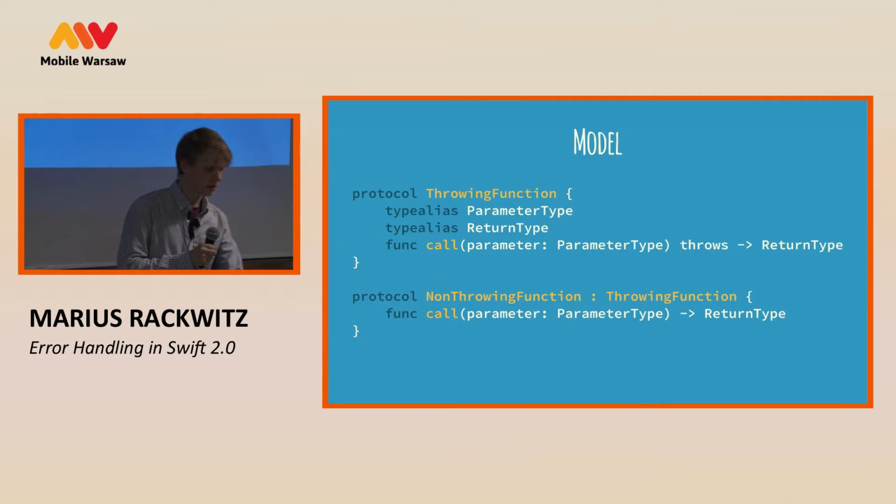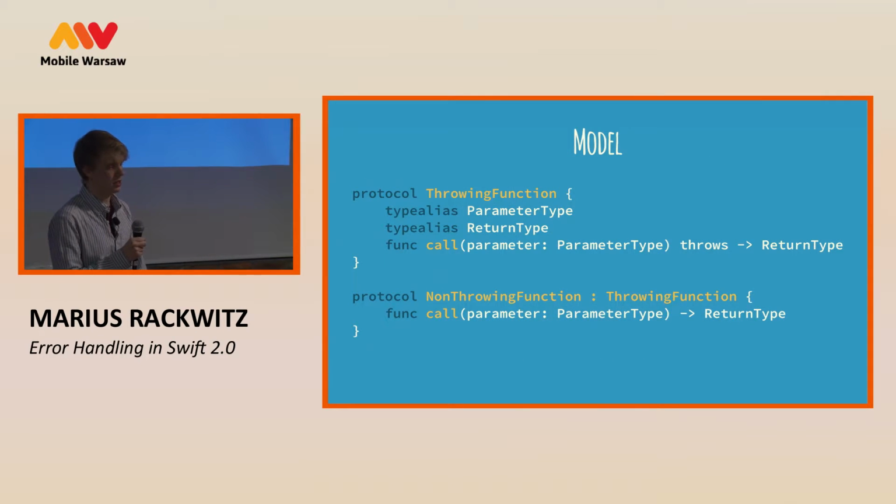So here is an attempt at modeling that in actual Swift code, how this subset relationship works. And indeed, this is actually working Swift code, or at least used to be. So we have a protocol which symbolizes the throwing function here. And as I explained, the core method here is defined as throwing.